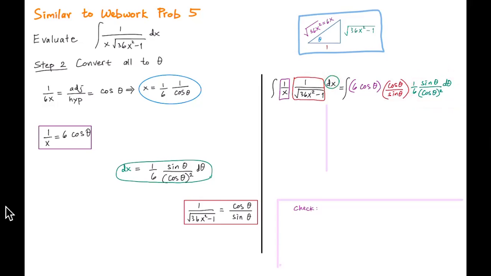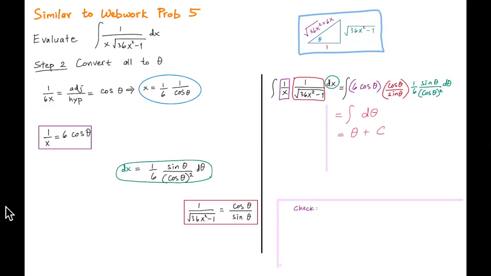So now you might see why I decided to write this as cosine theta over sine theta instead of writing it as cotangent, because I have all of these sine and cosine, and 2 cosines cancel out and the sine cancel out, and 6 and 1 over 6 cancel out. So I have this very nice expression. So when I integrate, I have theta plus c.